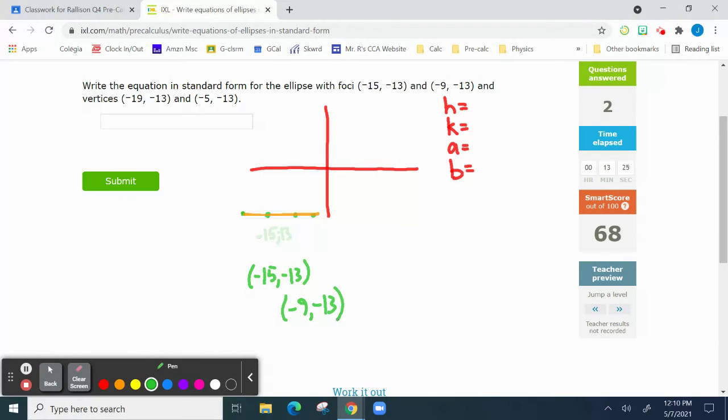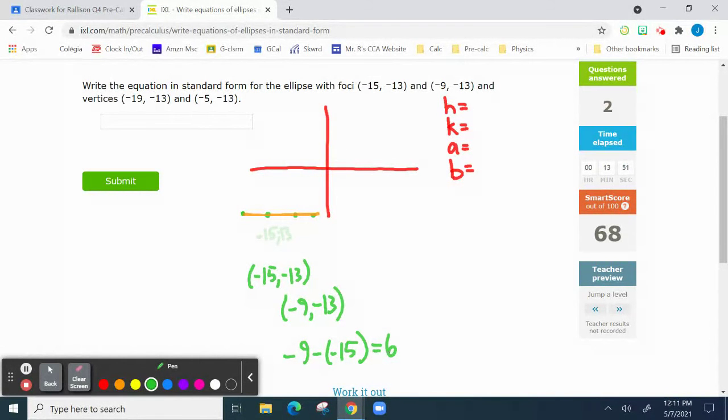So the total distance between those is negative 9 minus negative 15 equals 6, right? So we're going to start at one of those foci and go 3 toward the center between the two foci.